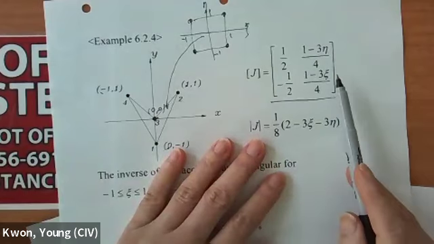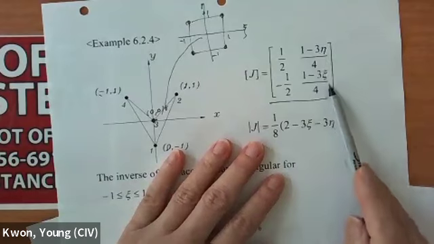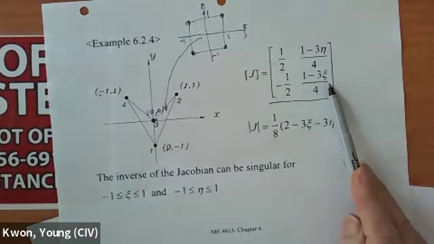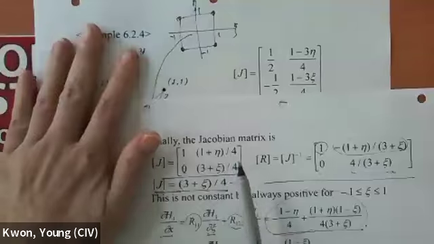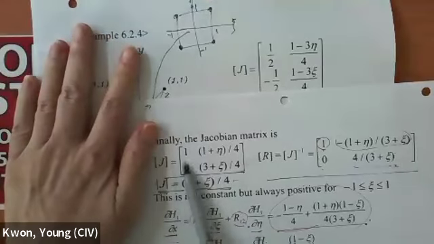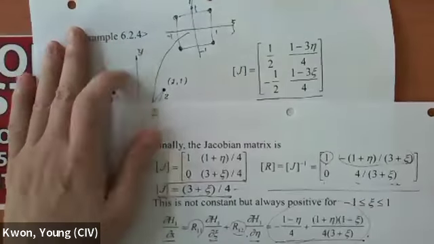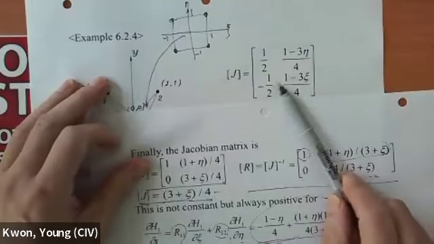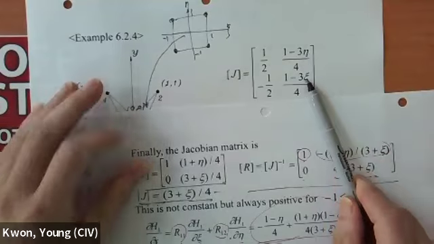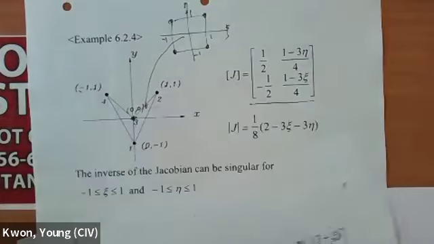Again, as you expect, the Jacobian matrix is much more complex than even the previous one. The previous Jacobian matrix was this one, right? So you got 1, 0, at least you got 0, but you don't have 0 anymore. Even though this looks symmetric, the non-zero values are again functions of ksi and eta.